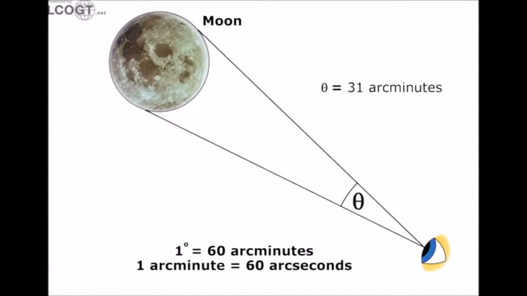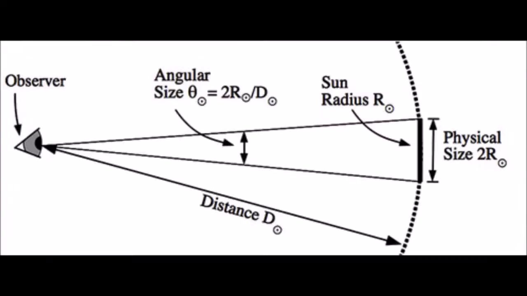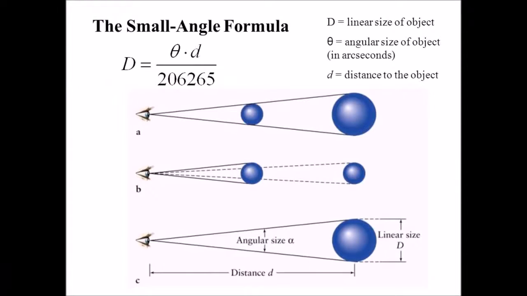So this is the angle created in our eye or in a telescope, which means that the sun and the moon can be around 31 miles in diameter and 3,500 miles up, or, as the authorities claim, the moon can be 2,159 miles in diameter and 237,000 miles away.